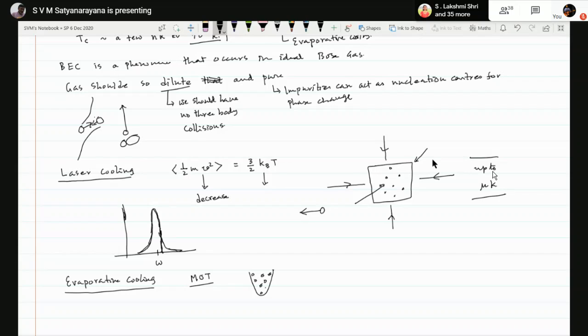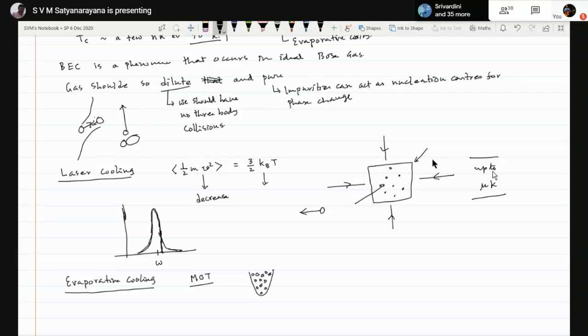The particles in this high potential region are the ones which have larger velocities. You trap this using some magnetic field and lasers.